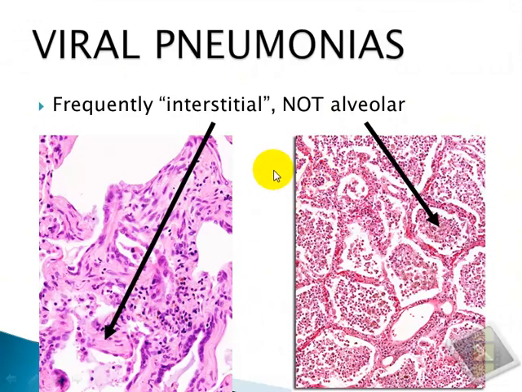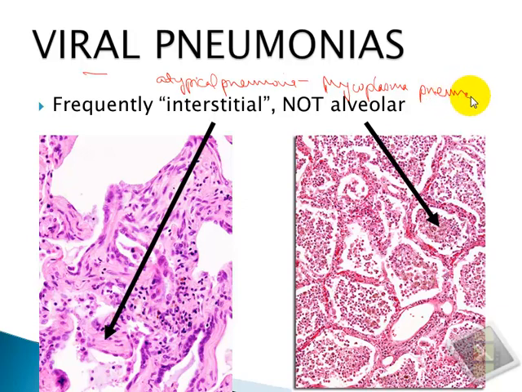Viral pneumonias, as you can see here, mainly affect the interstitium, whereas bacterial pneumonias are the ones which mainly affect the alveoli. So if we are talking about interstitial pneumonias, it means we are talking about either viral or atypical pneumonias, which are mainly caused by Mycoplasma pneumoniae.